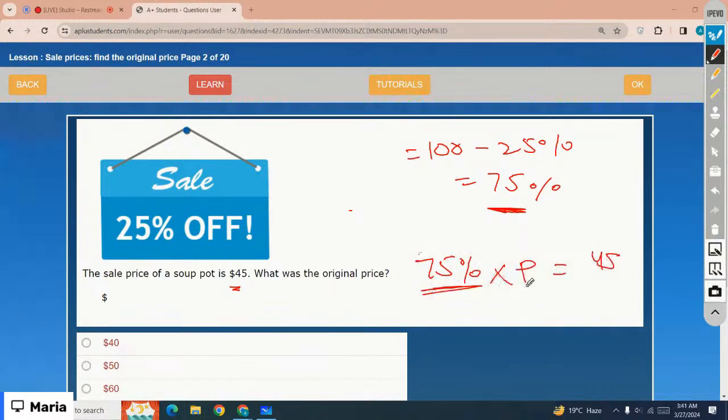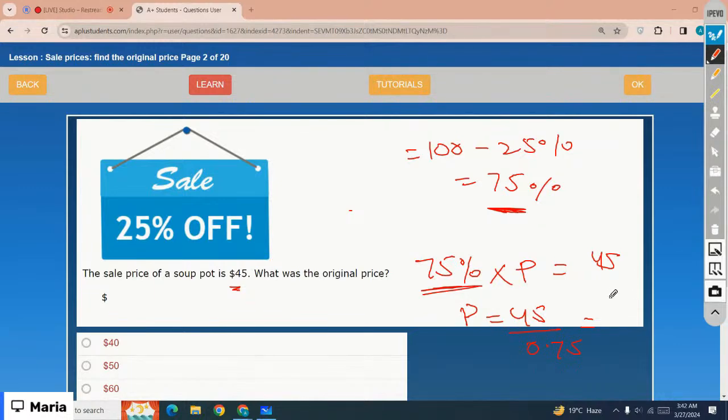So just do the calculation for 75%. 75% is multiplied to P, and on the other side it would be divided. So 45 divided by 0.75 is $60. That means originally it was $60.